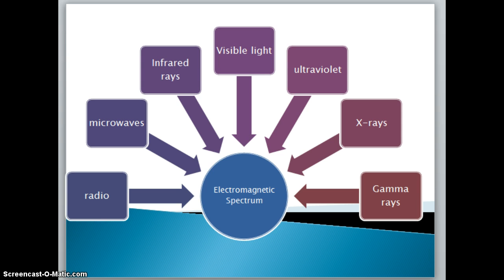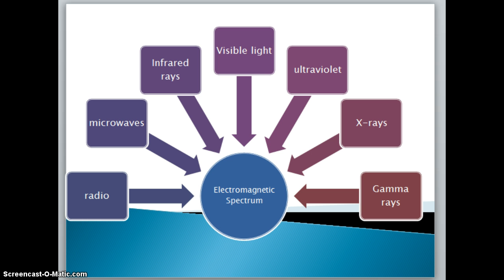The way that they do that is sometimes they'll put a dye inside your body, and then the dye will emit gamma rays, and then you have a gamma ray detector, and it'll help form those images inside the body. Some objects in space give off bursts of gamma rays, but most of the gamma rays are blocked by the Earth's atmosphere.